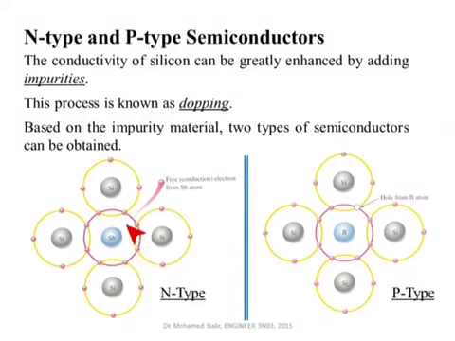So this is one covalent bond, the second one, a third one, the fourth one. And then, because it has 5 electrons of its own, the 5th one is really available for conduction. So every antimony atom will contribute 1 free electron, and this raises the conductivity of this material significantly.